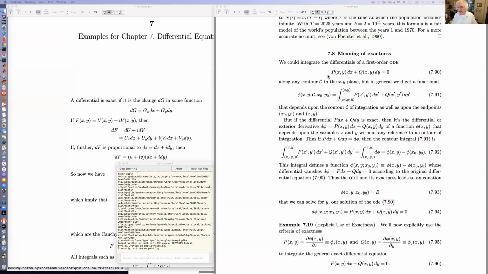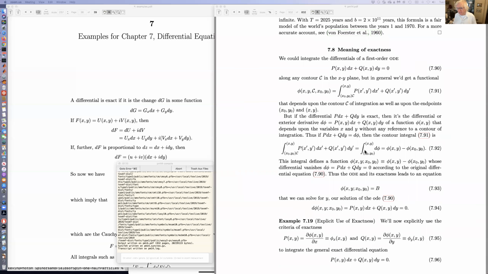If we then set that differential equal to 0, what we get is that phi of x, y minus phi of x0, y0 has to be 0, because phi is a constant, so d phi is equal to 0. In that case, we could solve this equation.